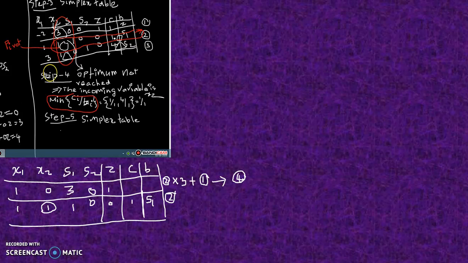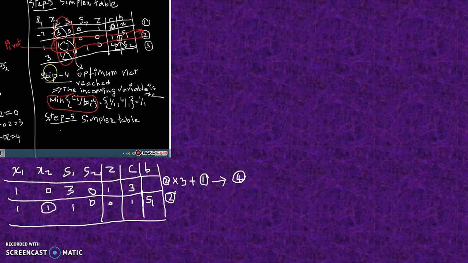What you will get there? 3 plus 1, you have to get 4. Actually here the constant is 0, not 1, 0. So multiply this by 3, add with this, you will get 3.